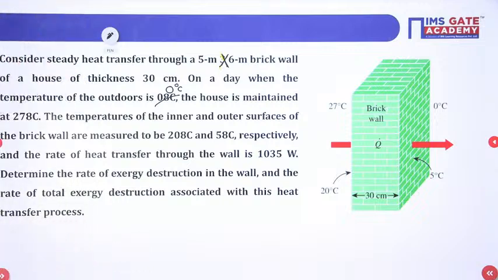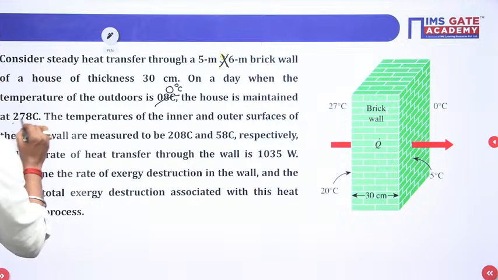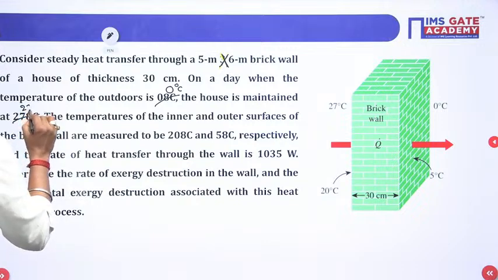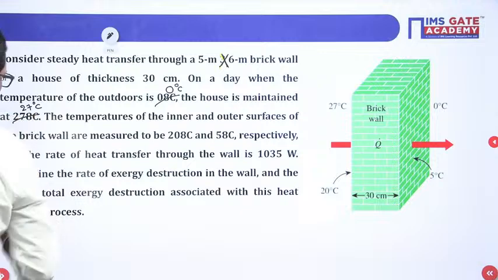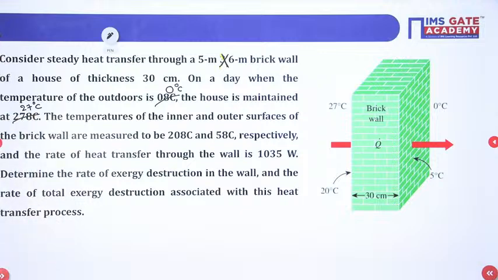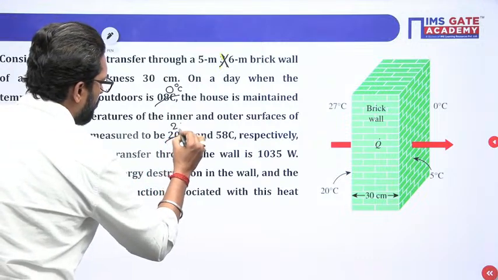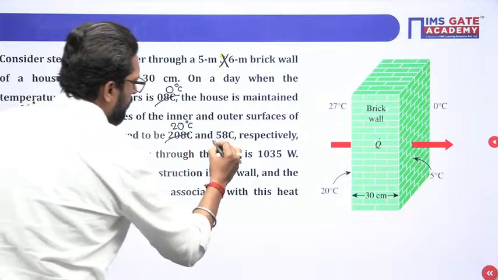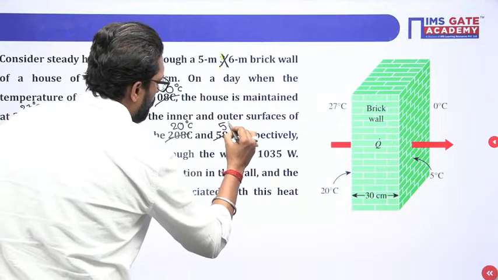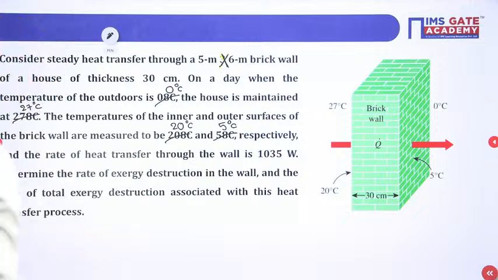The house is maintained at 27 degrees centigrade. The temperature of the inner and outer face of the bricks is measured as 20 degrees centigrade and 5 degrees centigrade, respectively, and the rate of heat transfer through the wall is 1035 watt.